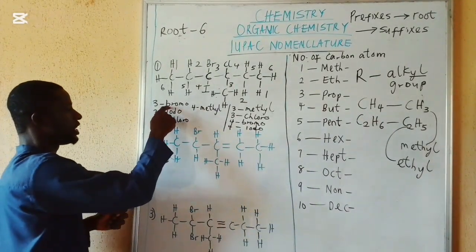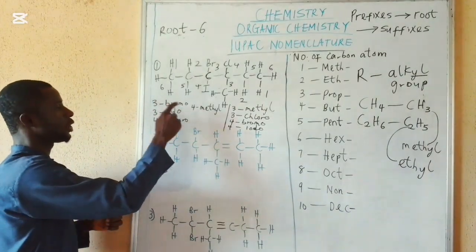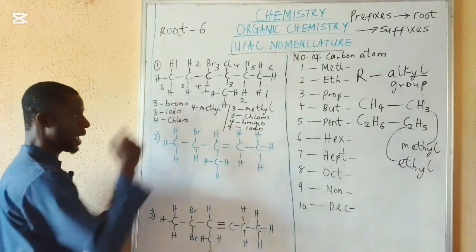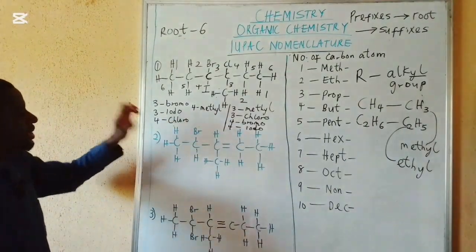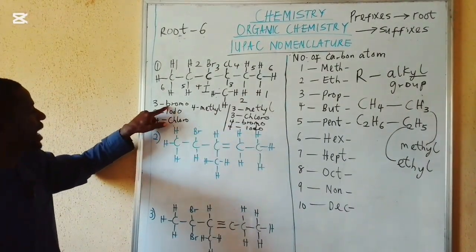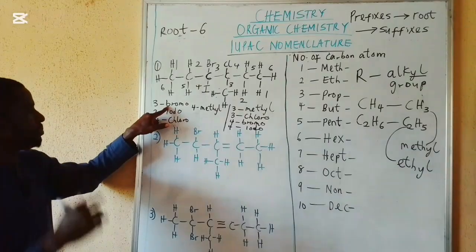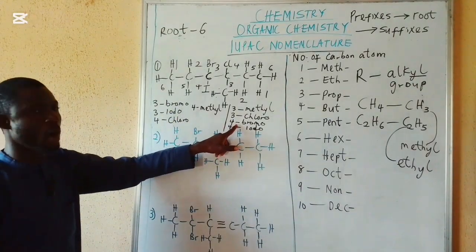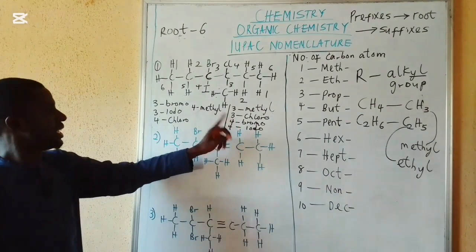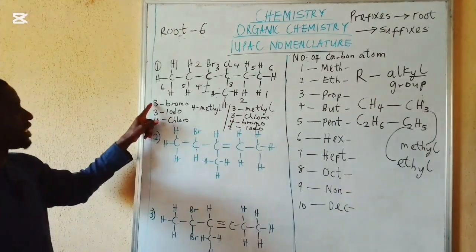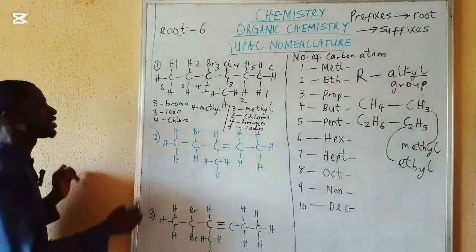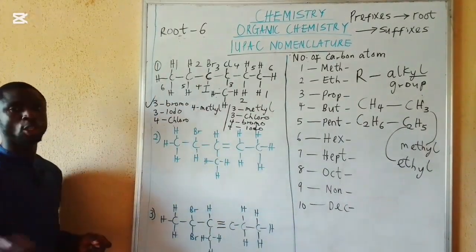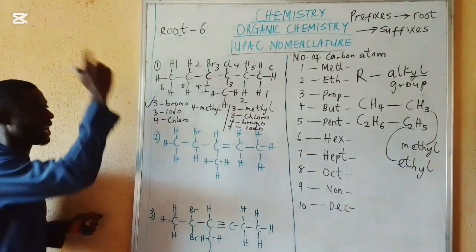Now, in these substituents, the alphabetical order is B, followed by C, followed by I, then followed by M. The first alphabetical order is B, so we are going to look at B. The B here is 3 bromo, and the B here is 4 bromo. So the bromo here is 4 and the bromo here is 3. Because of that, the right numbering goes for this one, because my B, which is first in alphabetical order, is carrying 3, and my B here is carrying 4.